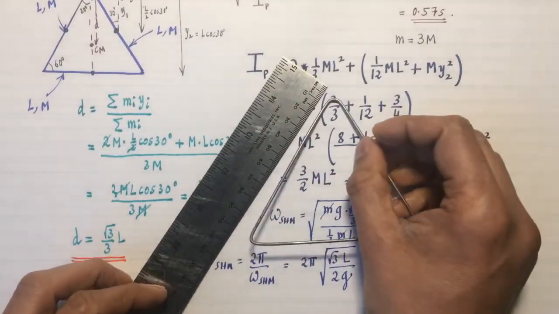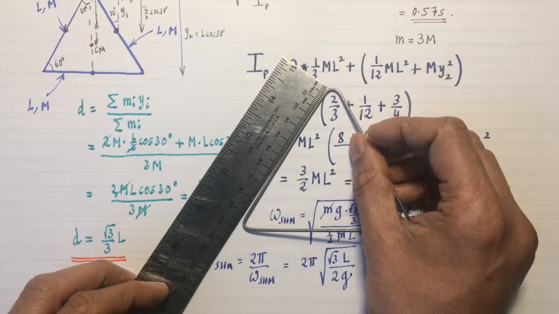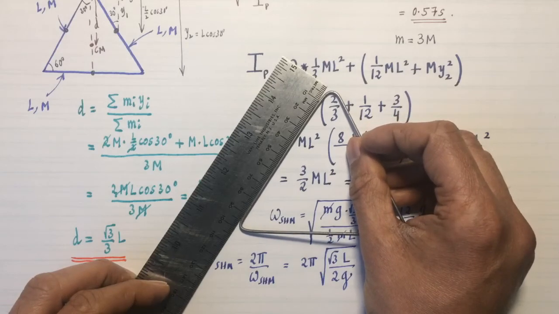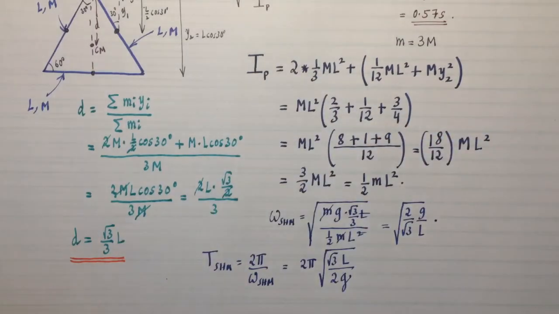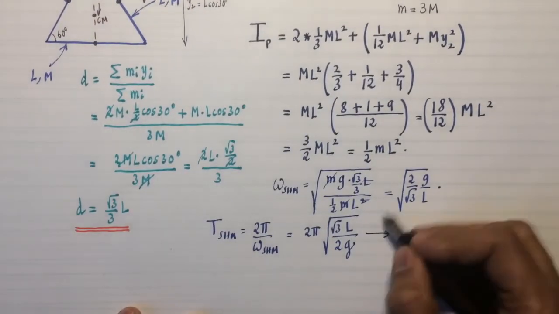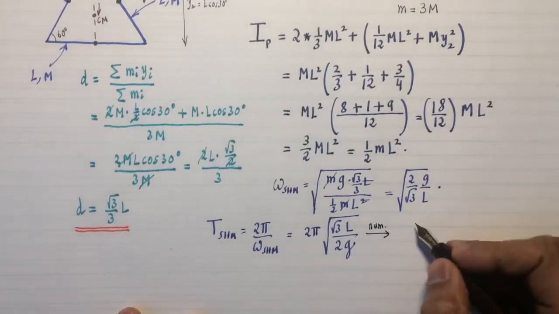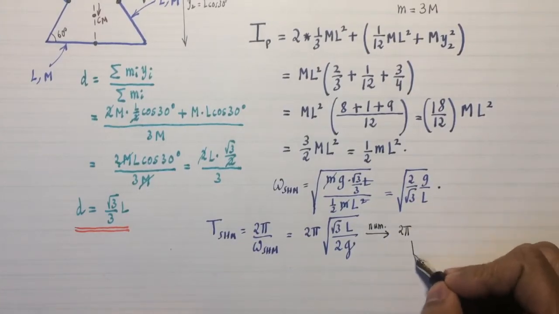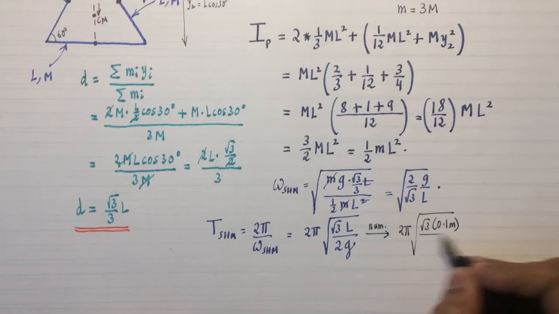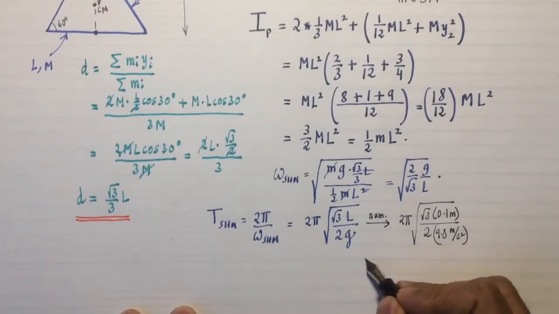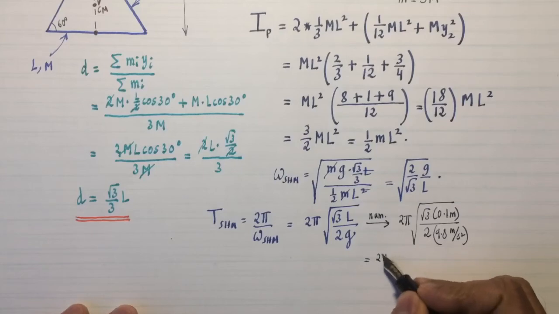So to this end, let me measure the length of one side, since the mass does not need to be measured. It turns out the length is about 10 centimeters, so 0.1 meters is the length. So let's substitute that and see what we get. It's 2 pi square root of root 3 times 0.1 meters divided by 2 times 9.8 meters per second squared. So that's 2 pi times square root.